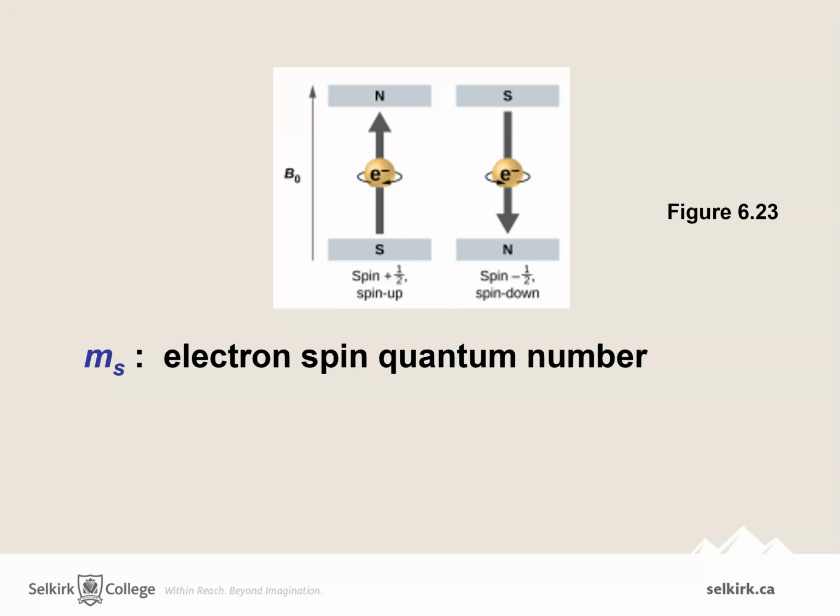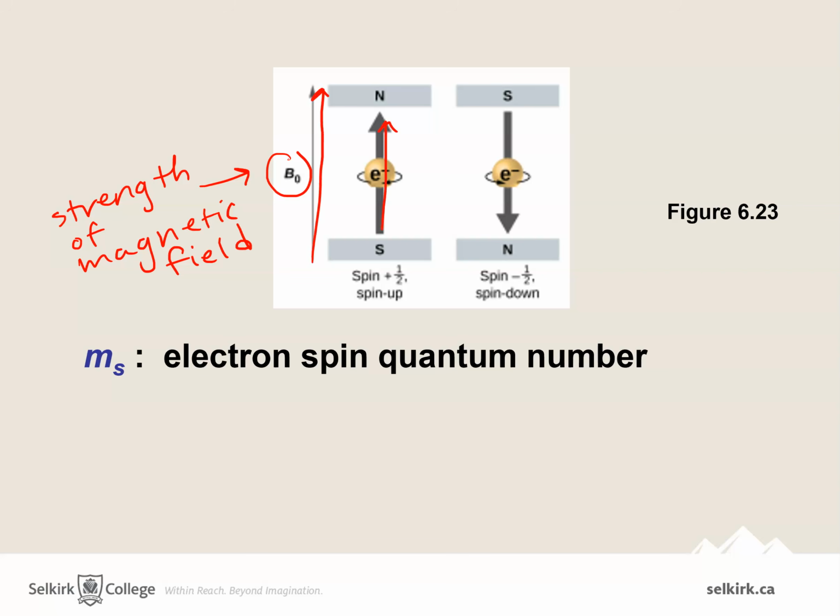When I put an electron in a magnetic field, they will line up either with the magnetic field, so that the field lines point that way, and we call that spin up, or it will align opposite the external magnetic field, and we call that spin down. So there are 2 ways that electrons can exist in an atom. It can be spin up or spin down.